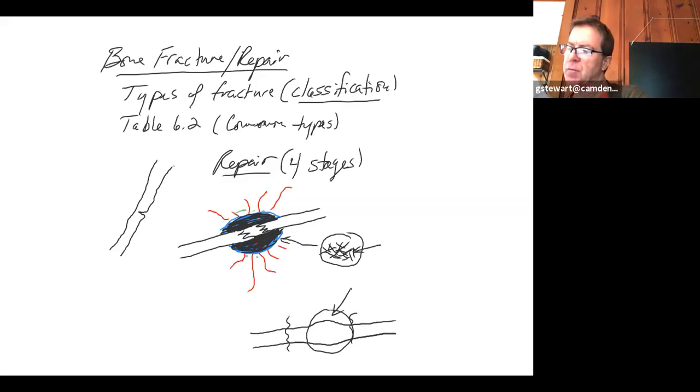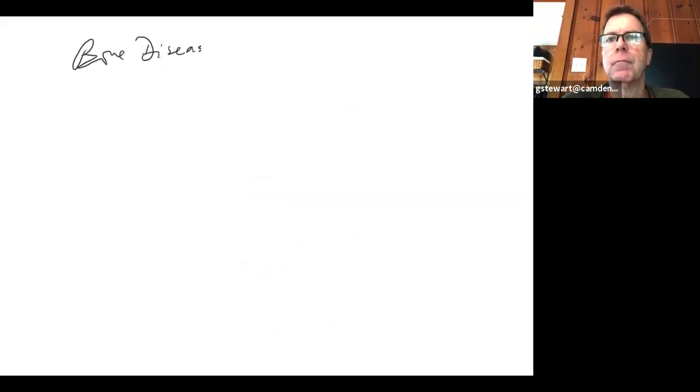Now I'm going to talk a little bit more in depth about bone disease. So let's just layer on a page. So I just wrote bone diseases, osteomalacia and rickets. Osteomalacia just means basically soft bones.